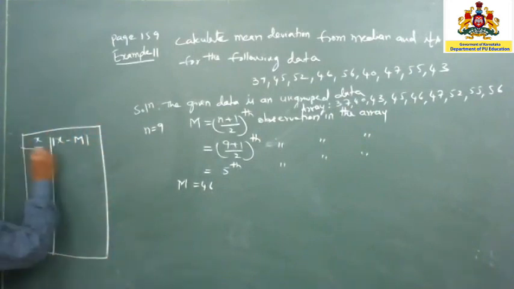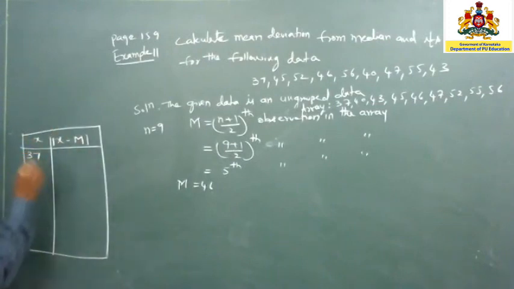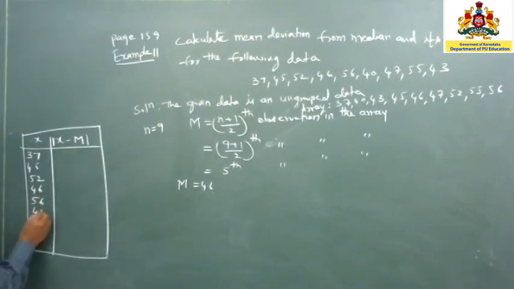So x values are, you can write in order or as given data: 37, 45, 52, 46, 56, 40, 47, 55, 43.